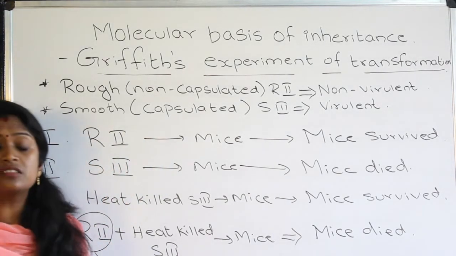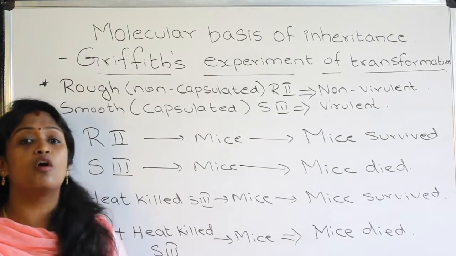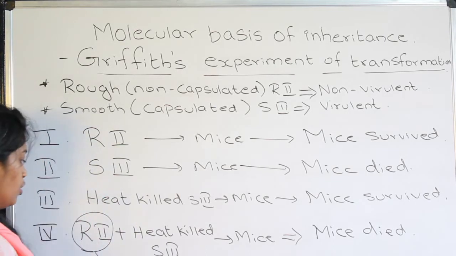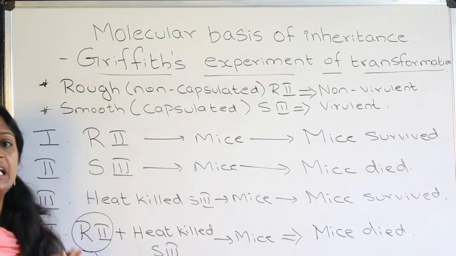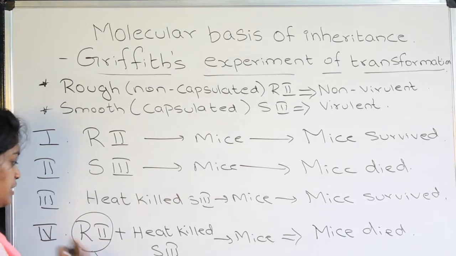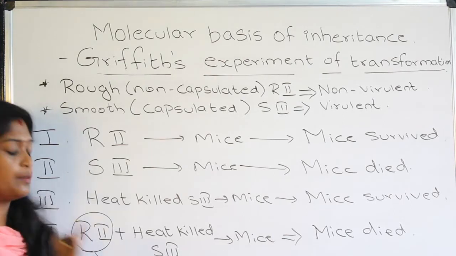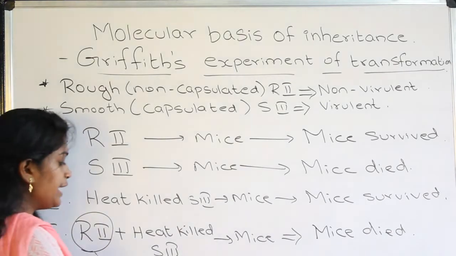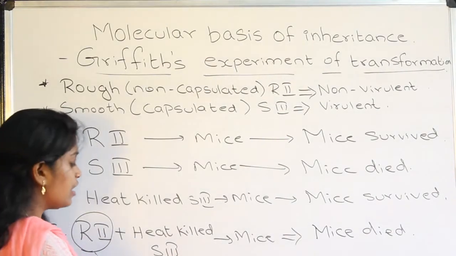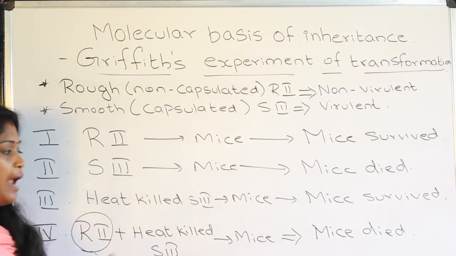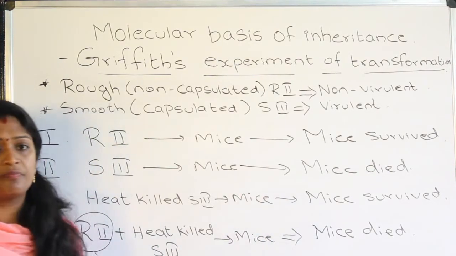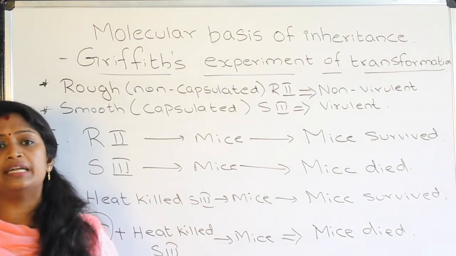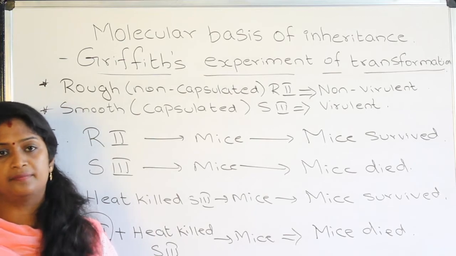But this conclusion of Griffith could not say that DNA is the genetic material, because in his conclusion he gave a plain explanation saying that there was certain material in live R2 which made the heat killed S3 get transformed into live S3 and made mice die. So this was not a perfect explanation in order to prove that DNA is the genetic material.